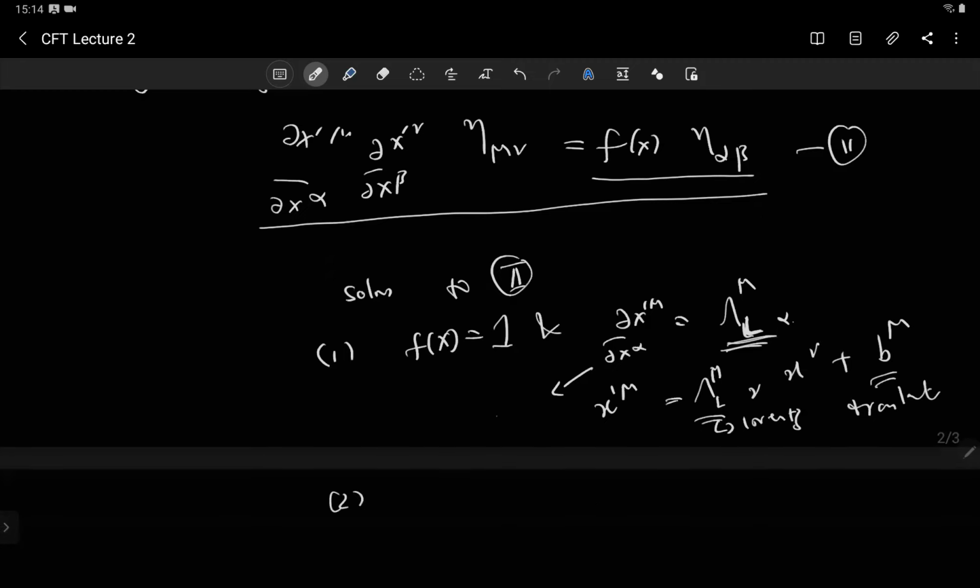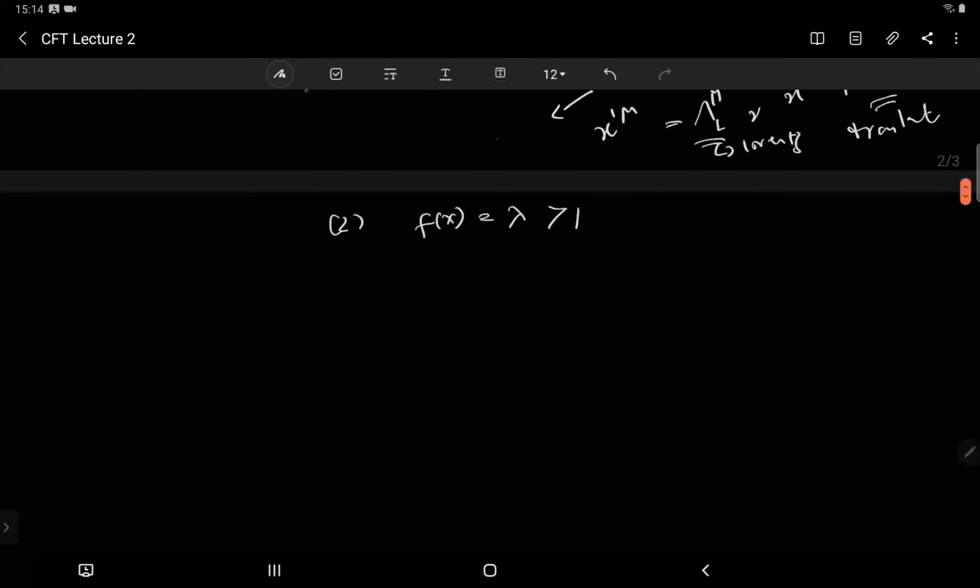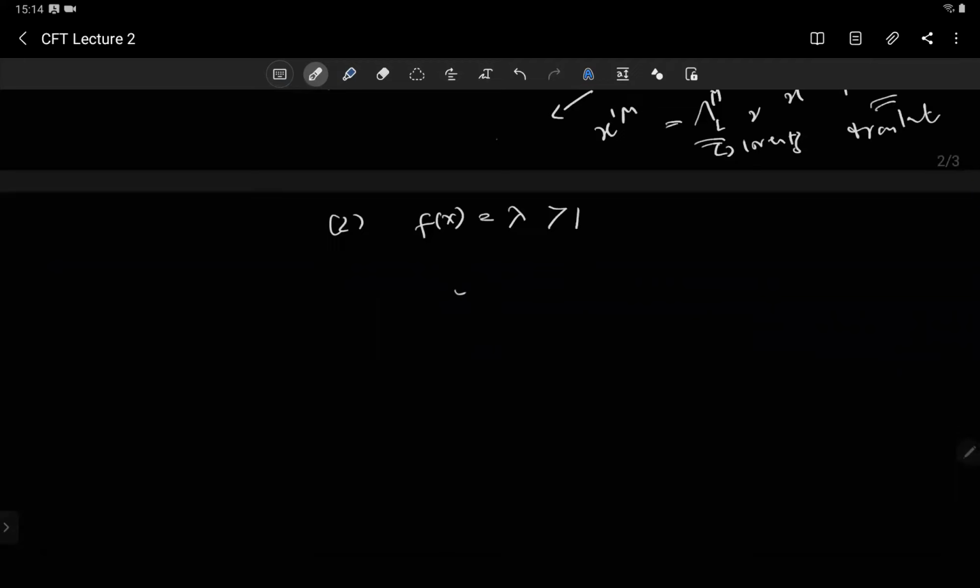Second example is if you take f of x to be a constant not equal to 1, let's say lambda greater than 1. Then this can happen if x prime mu is just lambda x mu plus b mu. Again, let's call this lambda square.